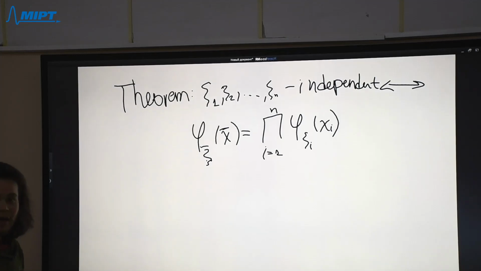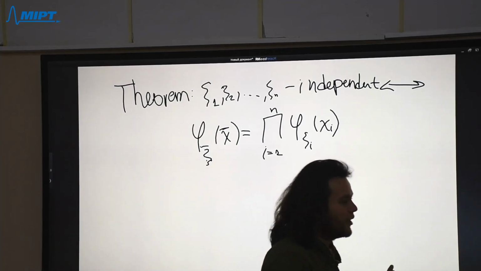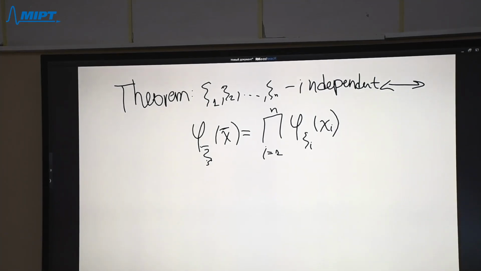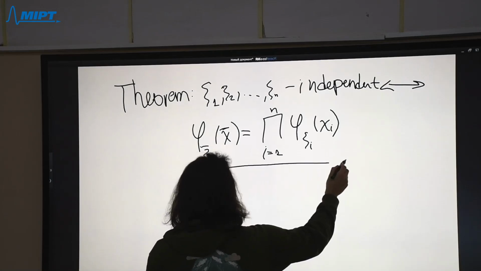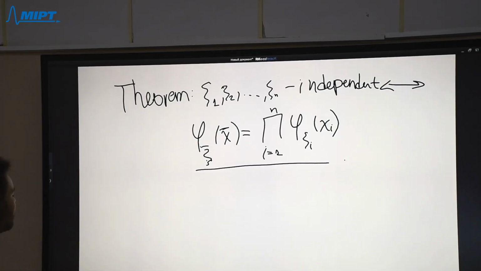If this is the case, then this collection of random variables is independent, okay? And when I say independent, I mean mutually independent, of course, right? Mutually independent. So that's it. This is the first thing that we need.